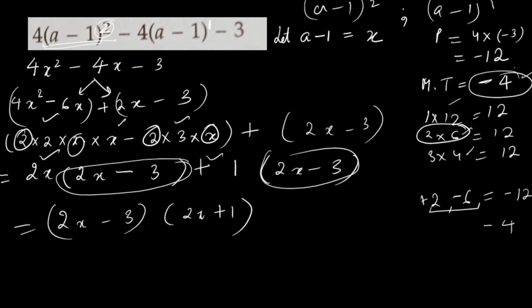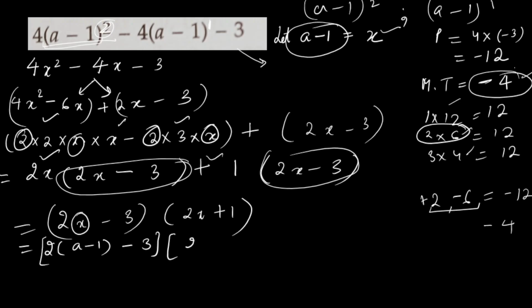Why is this not the required answer? Because the given expression was with variable a, but we have found our answer with variable x. So we just have to substitute the value of x which we have assumed. The x value is a minus 1. So at the place of x, you just have to write a minus 1, minus 3 as it is.